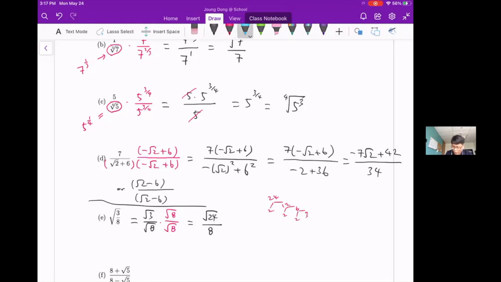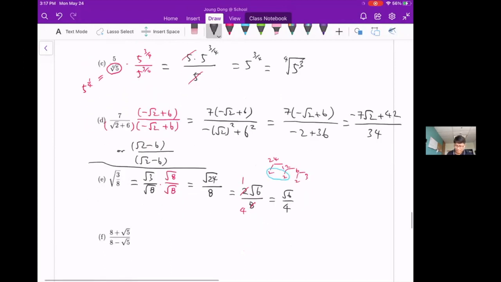Can you see one pair of 2s? It is 2 squared, and that 2 squared can come out of the radical. Does it make sense? So this numerator, root 24, can be written as 2 square root of 6, over 8. Then we can simplify a little bit more as much as you can. That's it. This is the rationalized denominator in the simplest form.